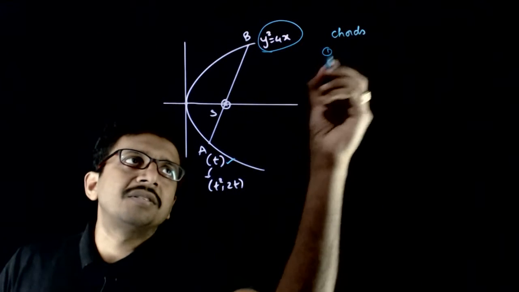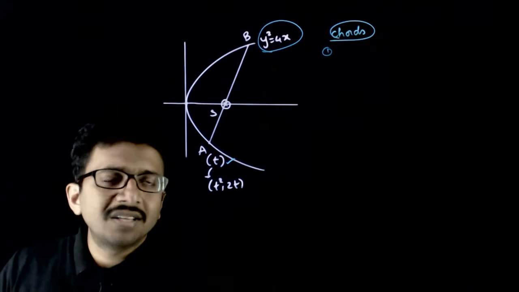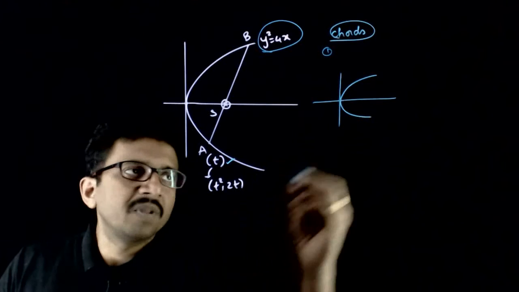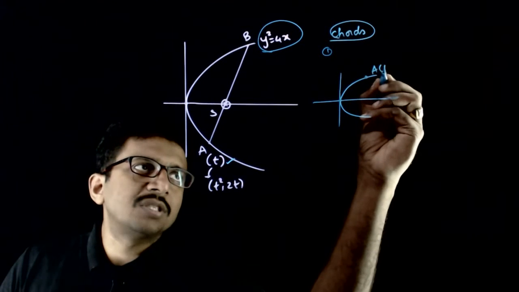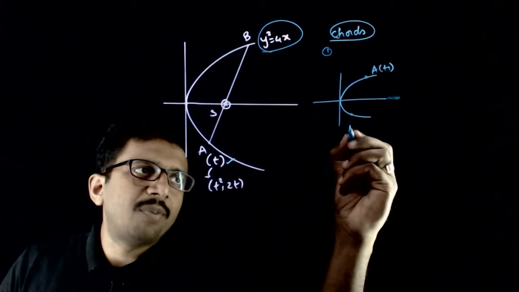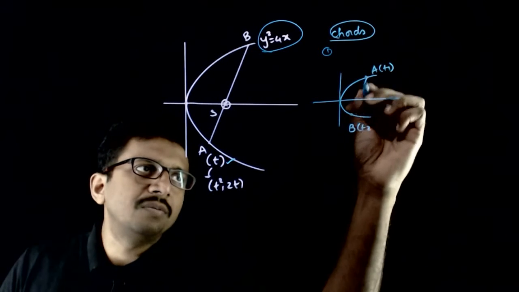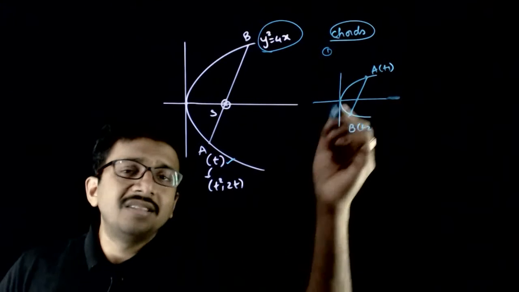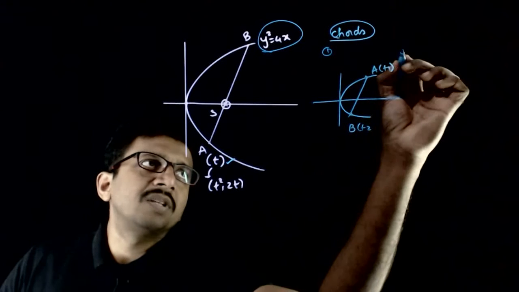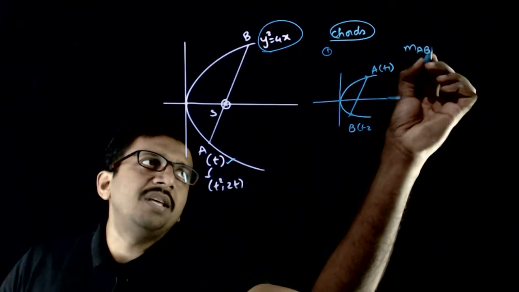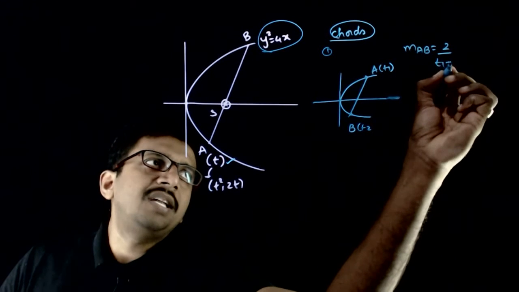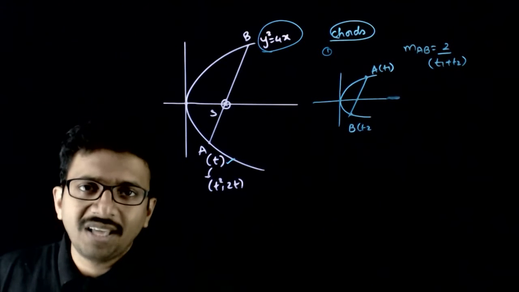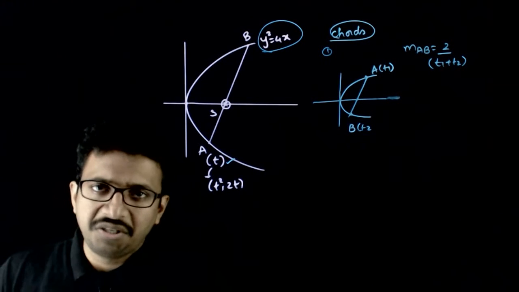So regarding chords, the things that you need to remember is, if you have a parabola and you have a point A whose parameter is t1 and a point B whose parameter is t2, and you join these 2 points, first the slope of AB is equal to 2 by t1 plus t2.